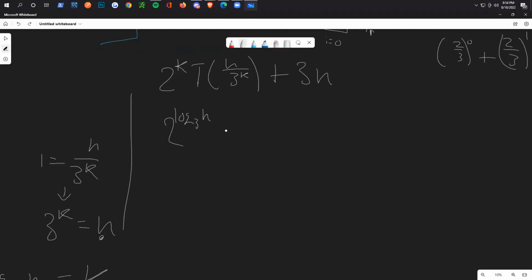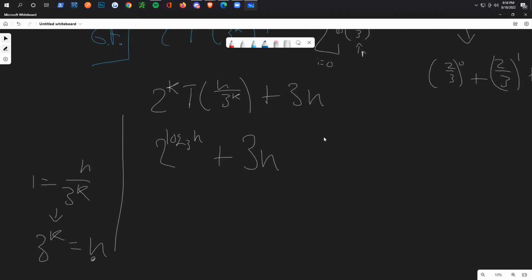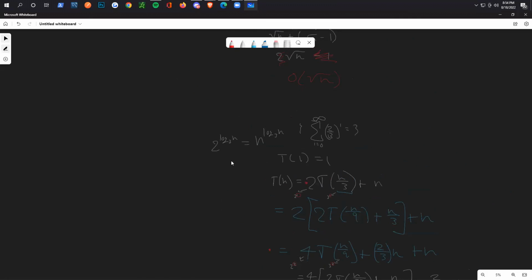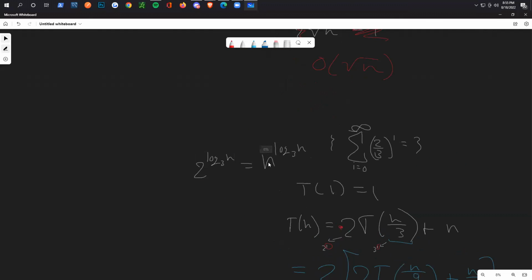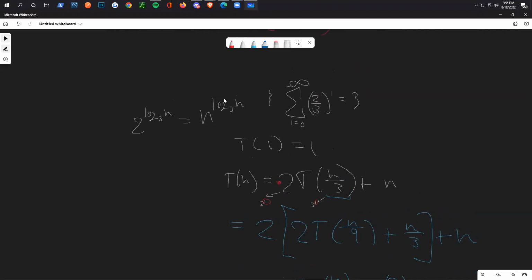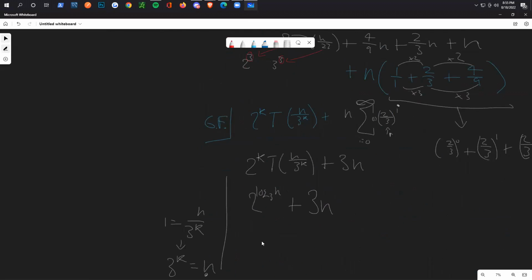We can remove it. Plus, and then we're going to have 3 to the n. Okay, so now at this point, we have the equality that they gave us. So 2 to the log base 3 of n is just equal to n to the log base 3 of 2. This was actually a 2 on what they gave us. I just wrote it wrong. So n to the log base 3 of 2.